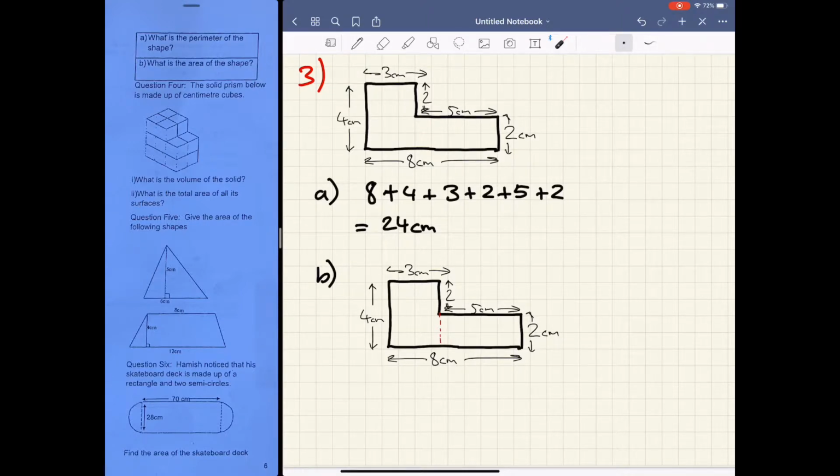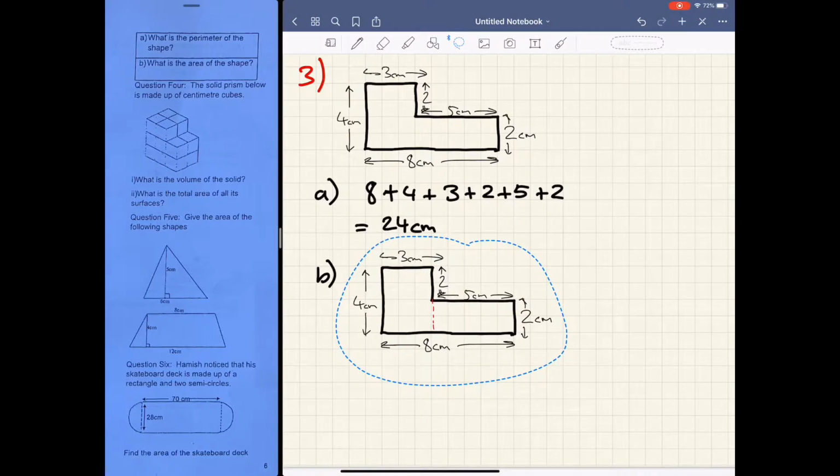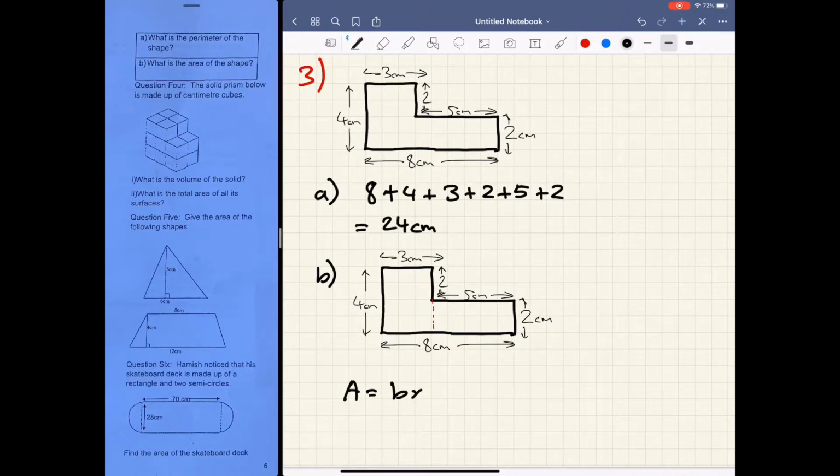I'll just match this up to the squares. There we go. Okay, so what's the area of a rectangle, or a square for example? Area equals base times height.